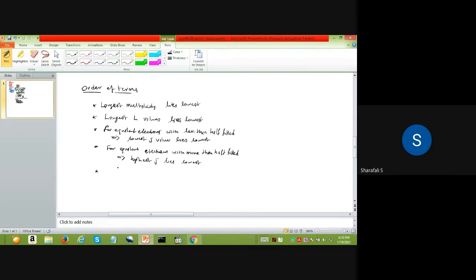So if they are half filled, then very little fine structure splitting. So these are half filled terms.